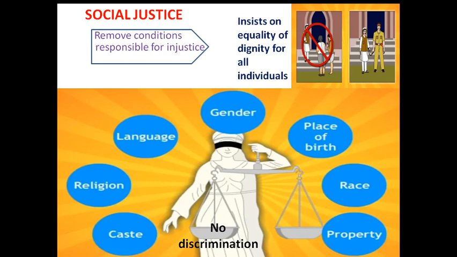Equal opportunity should be given to all the individuals to achieve development, and efforts are to be made at all levels of society to establish justice and equality. And it is also important to include all sections of the society into the mainstream of democracy.